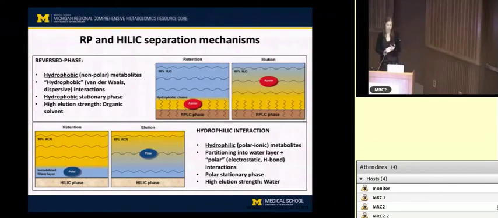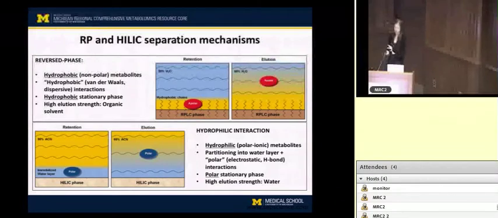But in order to better address polar metabolites, many people have started using HILIC or hydrophilic interaction chromatography, where we work with highly polar stationary phases that are better capable of retaining polar metabolites. And in this case, the retention is created by a water layer that forms on the surface of the polar stationary phase. And in addition to partitioning of polar metabolites from the organic mobile phase into that water-rich layer, because they have a high affinity for it, a lot of other molecular interactions can play a part in retention in HILIC.